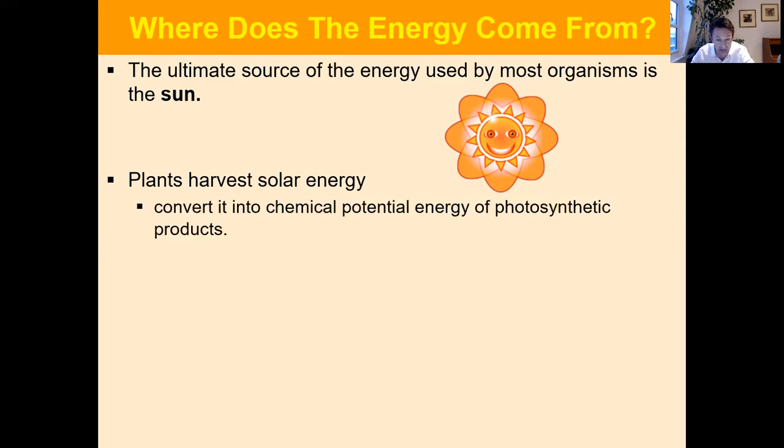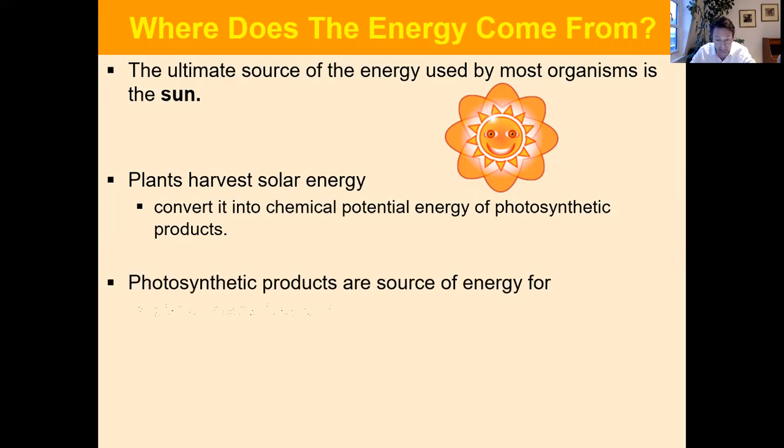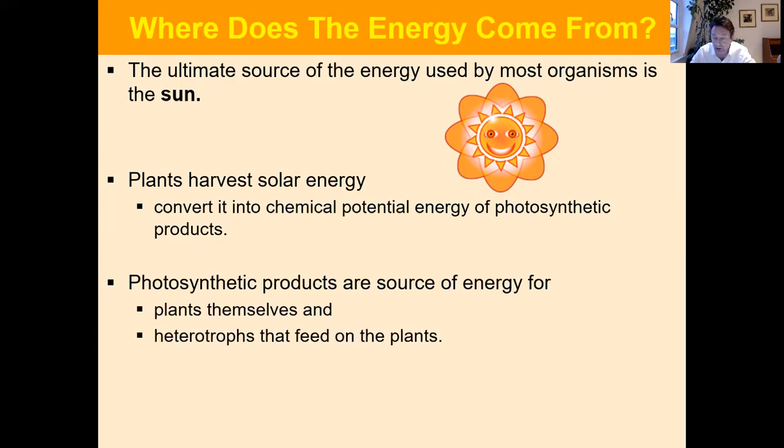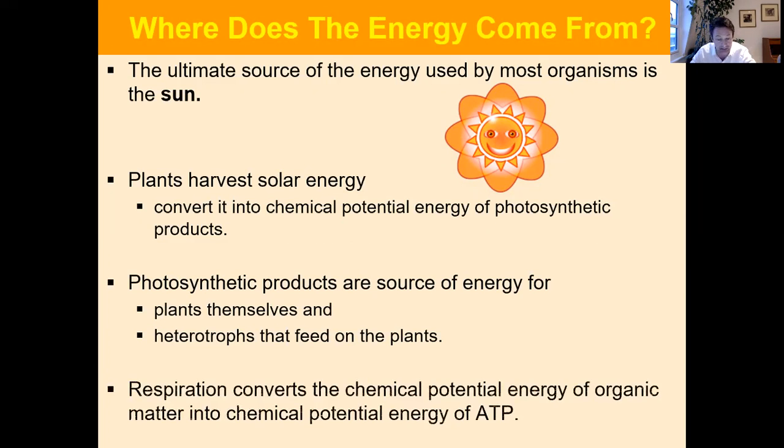So plants harvest solar energy, and then convert that chemical energy into the products of photosynthesis. And they do that by having pigments that capture light and use that light energy to split water, and then use that to reduce carbon dioxide. So the products of photosynthesis provide the energy for the plants, and also the stuff that eats the plants, like us, and we are heterotrophs.